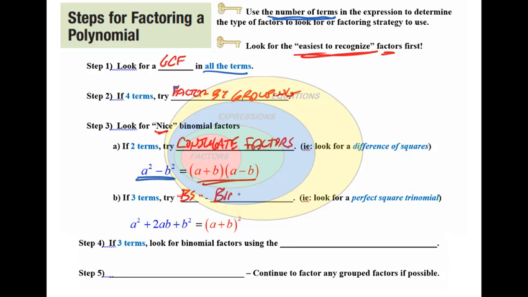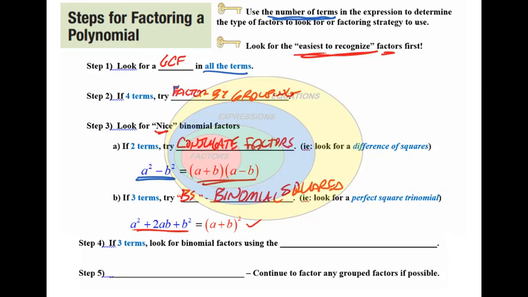If there's three terms, at least we can do is look for binomial squared factors. So if I have a perfect square trinomial, then I'm looking for two binomial squared factors.